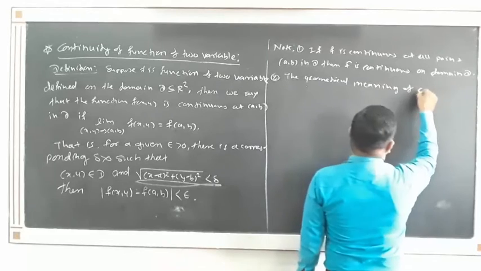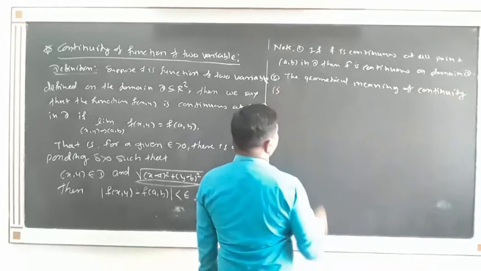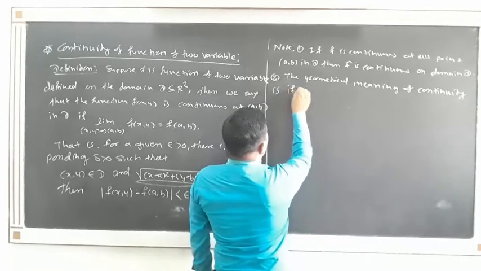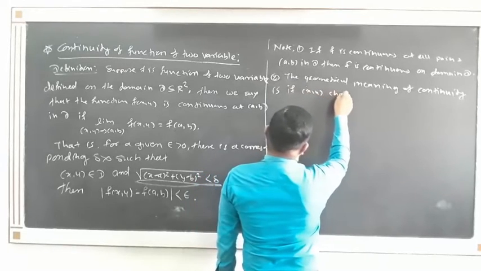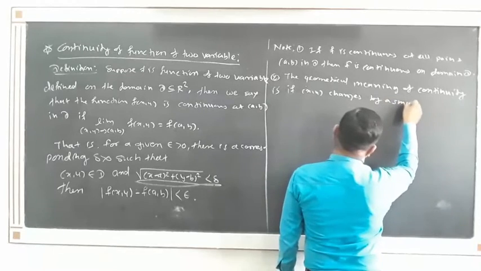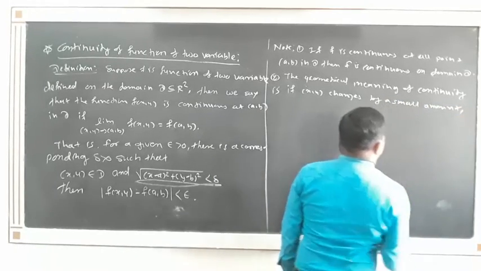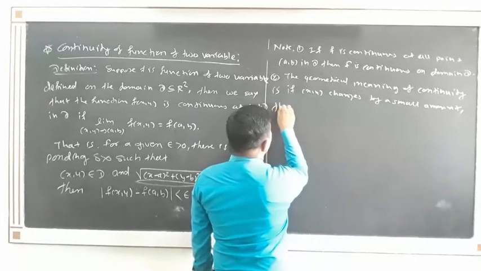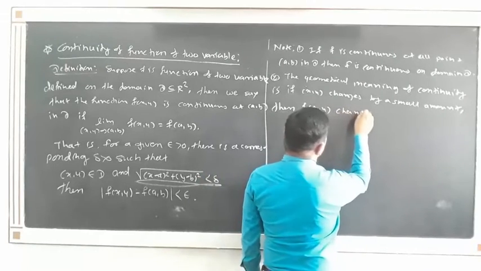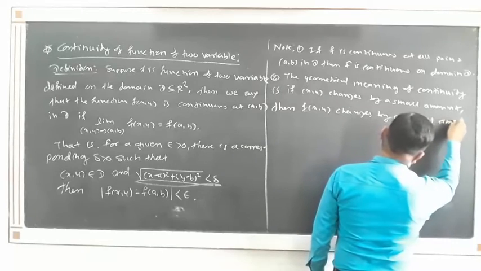Second note, the geometrical meaning of continuity is, if (x, y) changes by a small amount, then f of xy changes by a small amount.